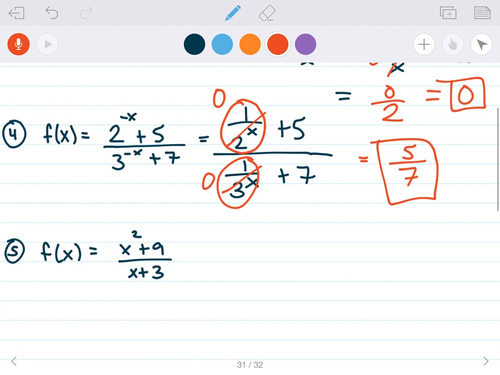And my last one, x squared plus 9 over x plus 3. My highest expression is x squared. So I'm going to divide everybody by x squared to give me the following. X squared over x squared plus 9 over x squared.